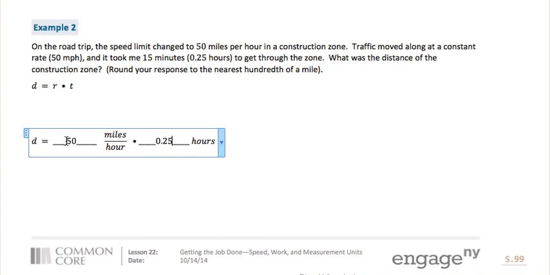So in this case, our two numbers are both on the same side of the equal sign. So we will actually multiply because they are on that side. And 50 times 25 100ths is 12 and a half miles, or 12 and 50 hundredths miles.